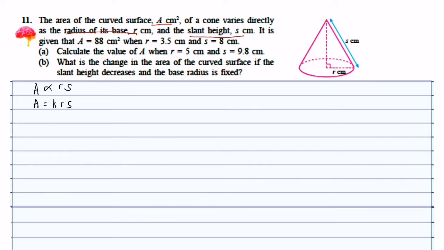Okay, now we refer to the question again. Given that A equals 88 when r equals 3.5 and s equals 8 cm.